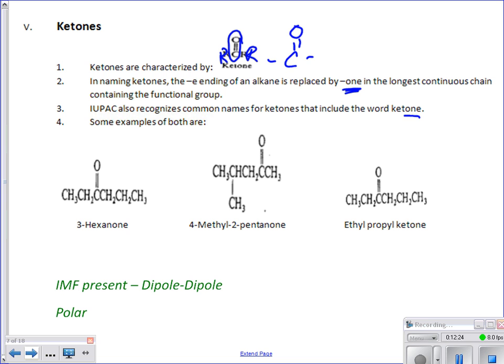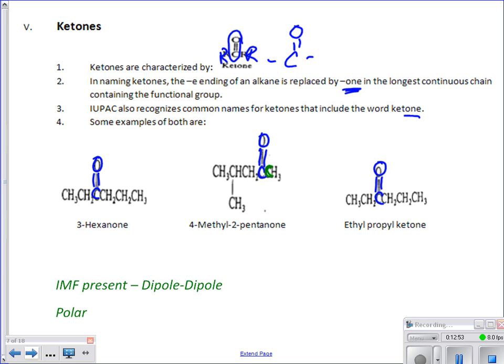But if you look here, you see you have a carbon and a double bonded oxygen. That's how you identify your ketone. Again, carbon, double bonded oxygen, carbon, double bonded oxygen. Notice in the second example, this middle one, that double bonded oxygen is not on that terminal carbon. It's not there on any of them, but if it were, that would be a completely different substance. So ketones cannot be on a terminal carbon.